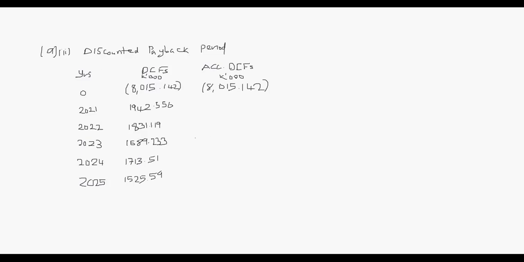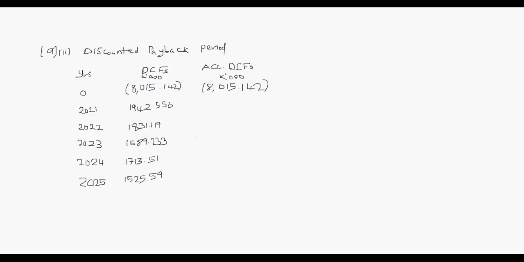All right. So can you accumulate now? To accumulate, we are adding. Into year 2021, we add this net discounted cash flow to that one. We are accumulating so that we see up to the point when we are going to start making a profit.